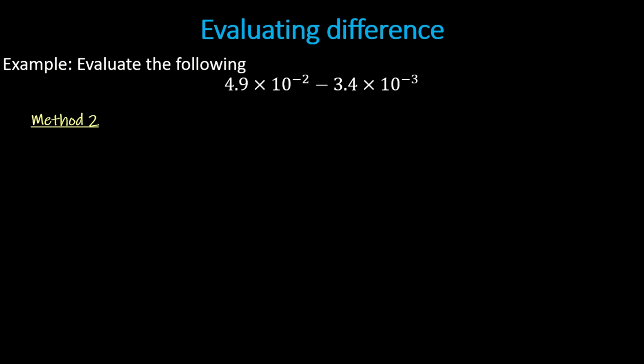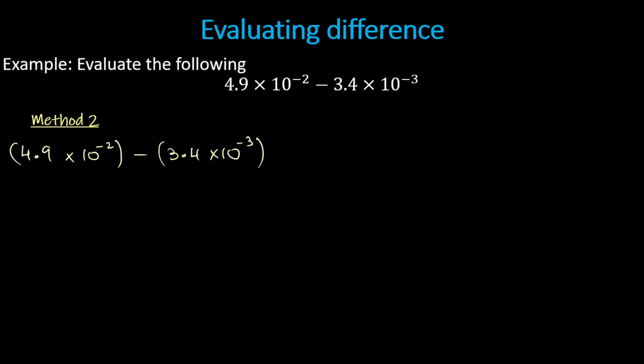Now the same question but using factorization. So we start, we have 4.9 times 10 power negative 2 minus 3.4 times 10 power negative 3. Right? Again, we have to identify the common factor.